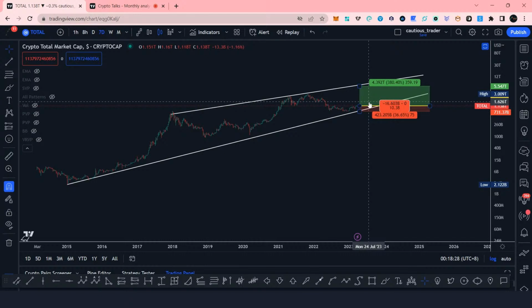And this is 10.38 possible risk reward, if ever. So, I'm expecting around 5.54 to 7 trillion market cap of the whole crypto market cap, total market cap, I mean. So wow, awesome. So hopefully we can ride this one.